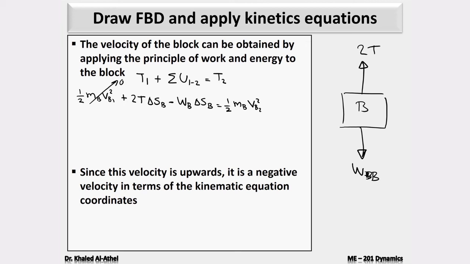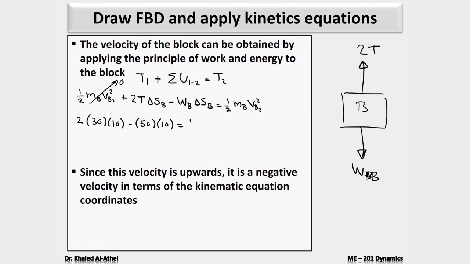Now, plug in the numbers for the rest. I have 2, T equals 30, the tension in the cable, and SB is 10. So it is moving upward by an amount of 10, minus the weight of the block, which is given to us as 50 pounds, so minus 50 multiplied also by 10, and it is negative because the weight is downward and the block is moving upward, so it's negative work.